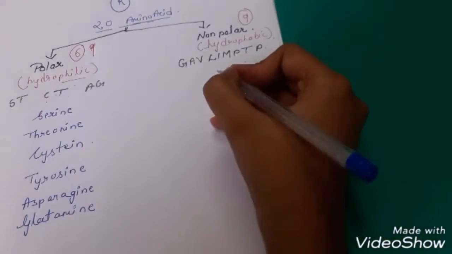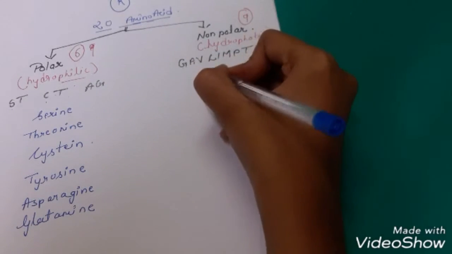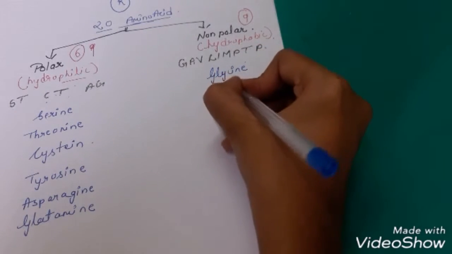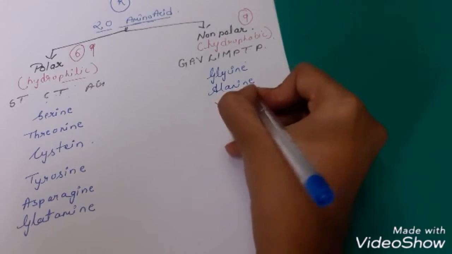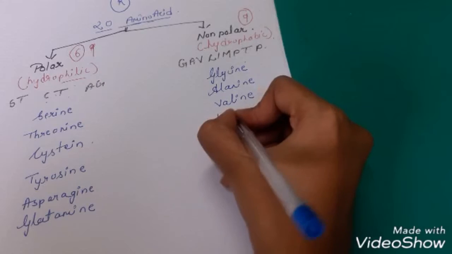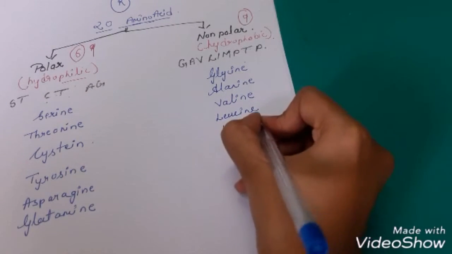Next we will see non-polar. The non-polar amino acids: first one is glycine. Second one is alanine. Third one, valine. Fourth one is leucine. The fifth one is isoleucine.